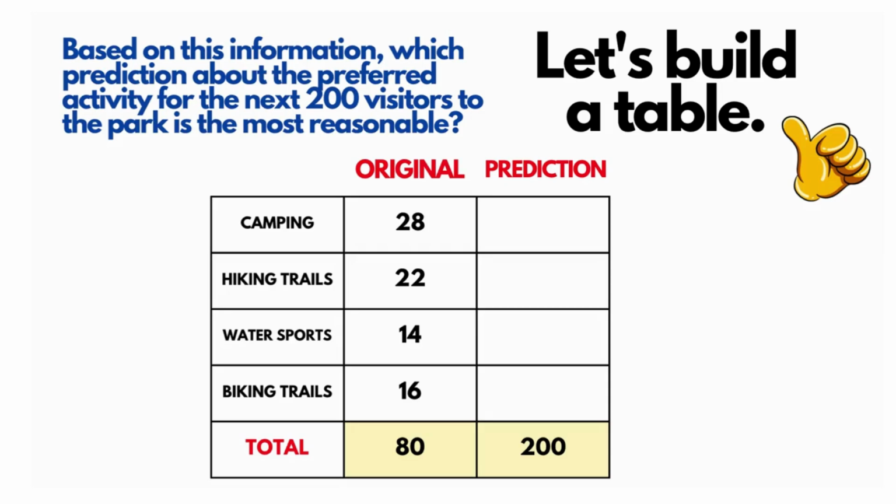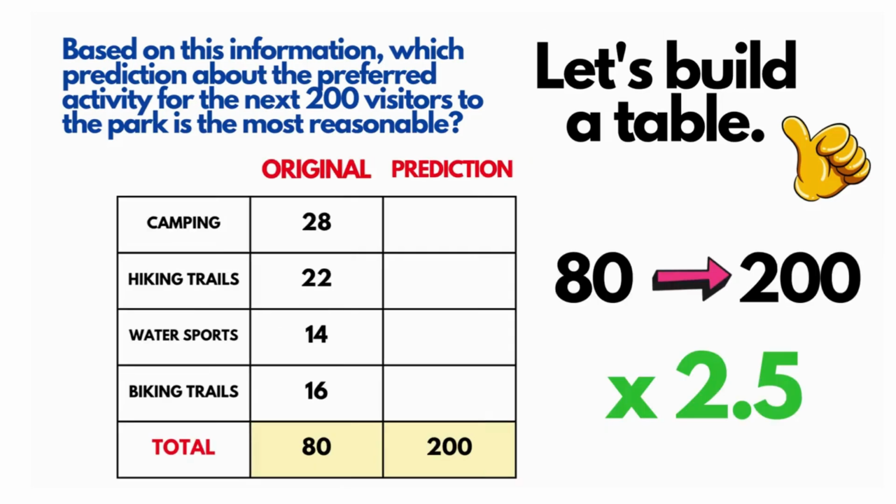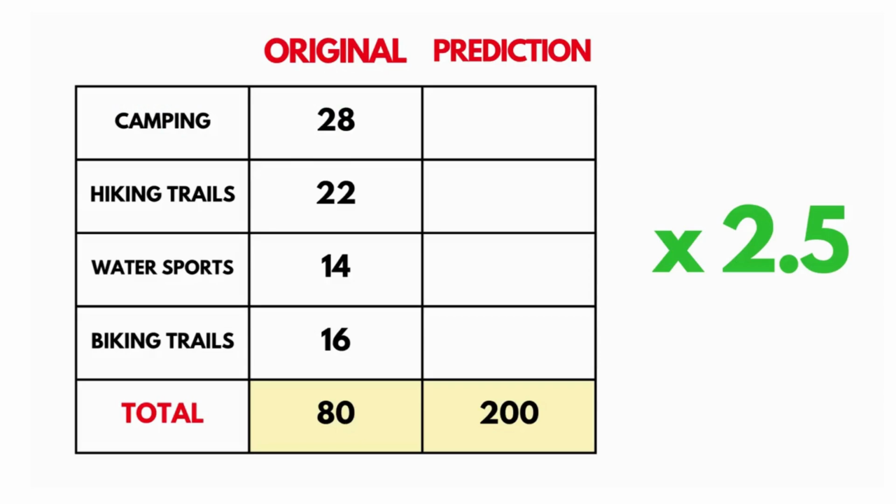So there are 2.5 80s in 200. You can take 80 times 2.5, or if you want to figure that out in a table, you can take 200 and divide it by 80, and you can figure out what your scale factor is. That's important, and you can use that for any type of things. We're dealing with proportionality, so we're looking at 2.5.